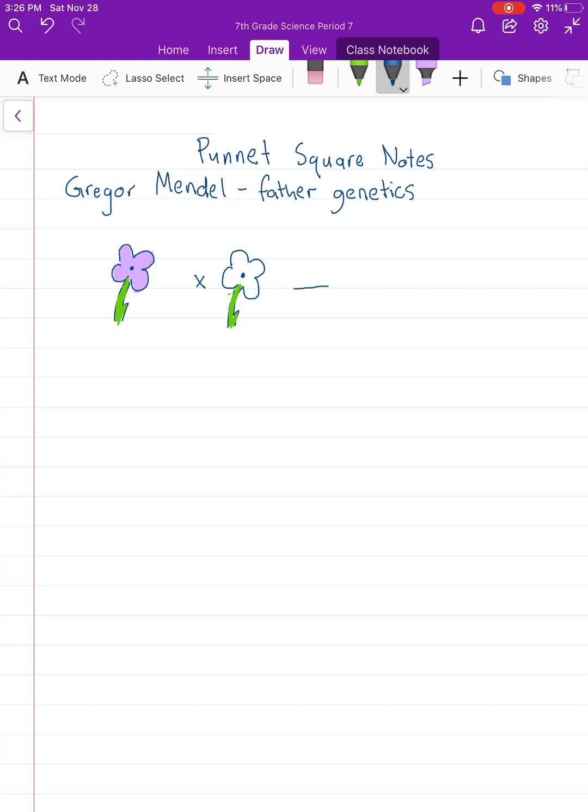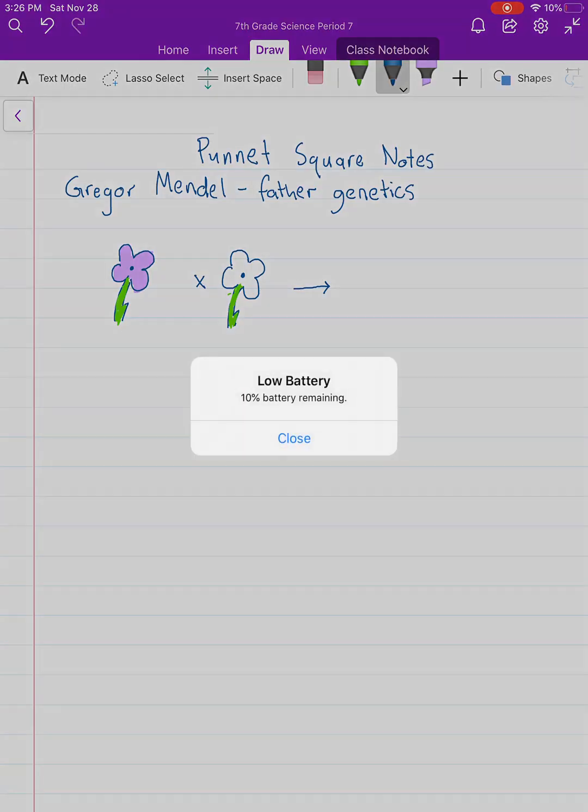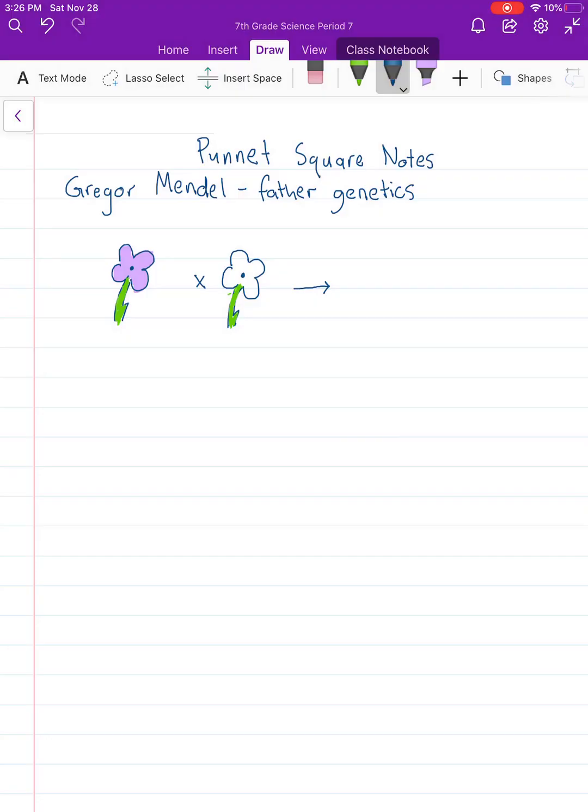So when he crossed a purple flower with a white flower, he found that the next generation got, and in class I would ask you, what did he get? If you remember from what we saw in the first video, he got 100% purple in the next generation.